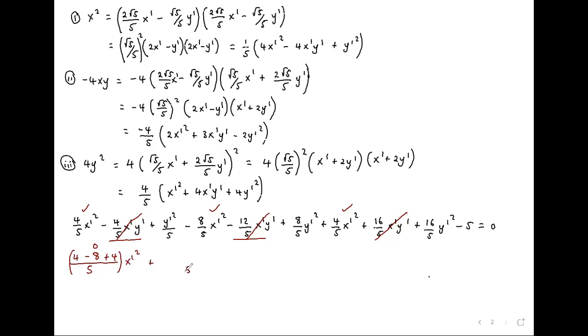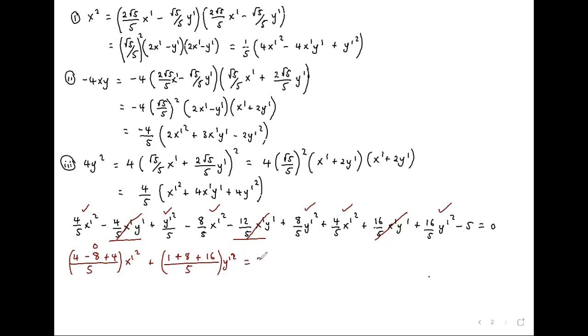So plus 5. We have 1 for this one. We have 8. And then we have 16. That is 16 plus 9 y prime squared. All the terms have been touched. Is there any term remaining? Nothing.